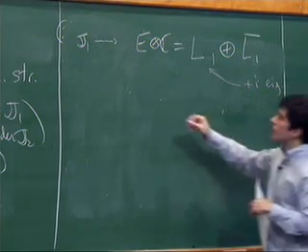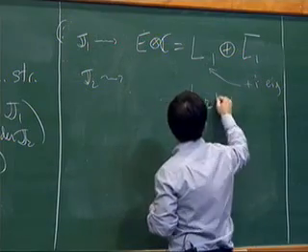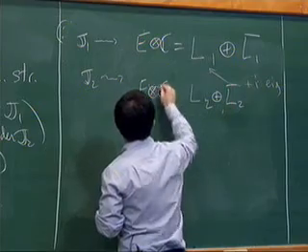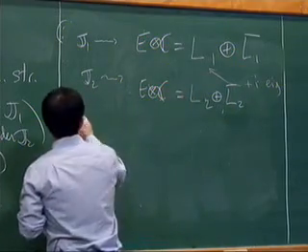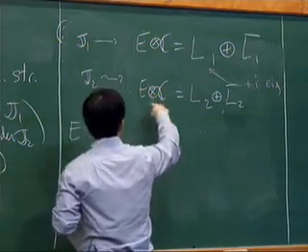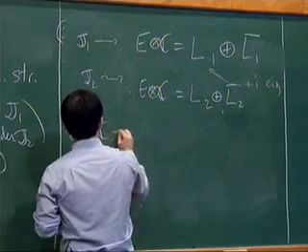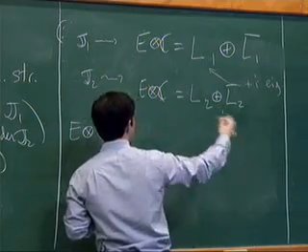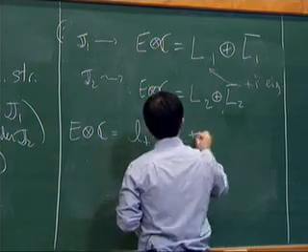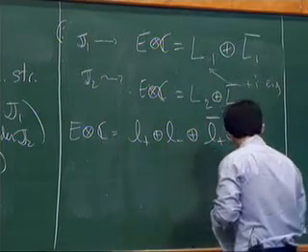And J2 gives me a similar thing with L2 plus L2 bar. Since these two decompositions are compatible, in the sense that they're given by commuting operators, you get a decomposition into four spaces: L plus minus, plus L plus bar, plus L minus bar.